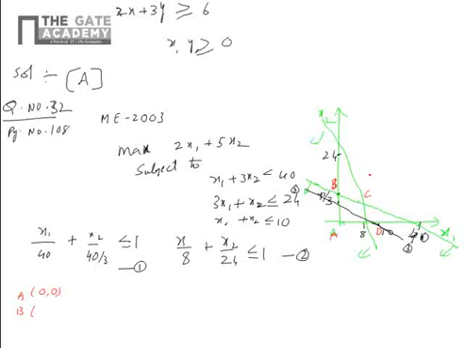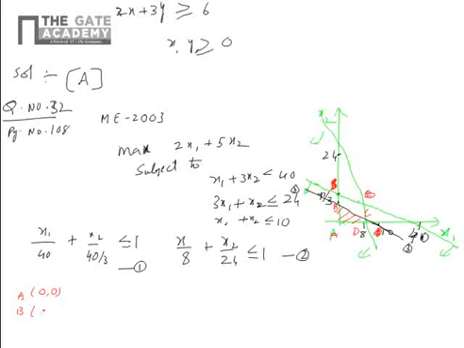So the area which is below those three constraints is the feasible area, and this one is not B. Now this is B, C, this is D. Sorry for that.